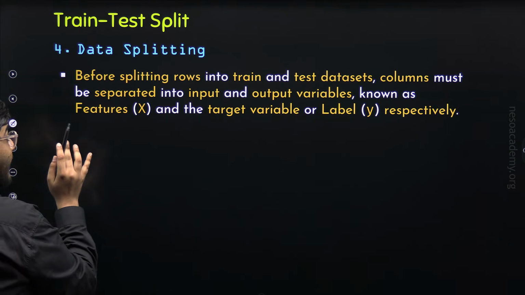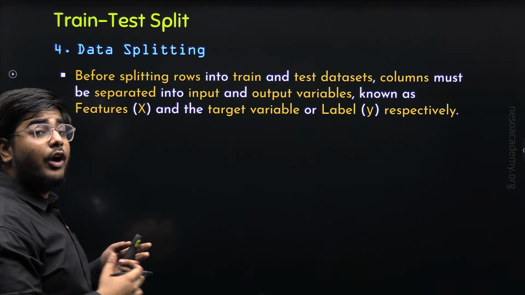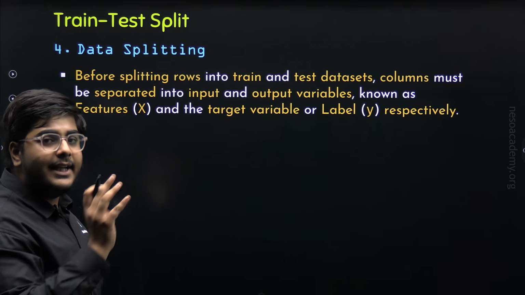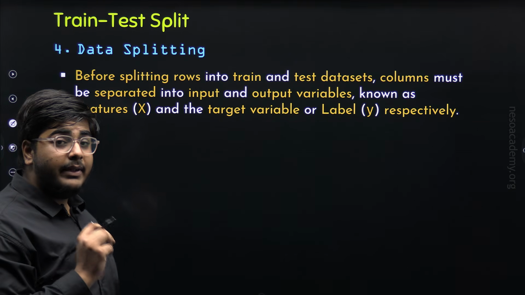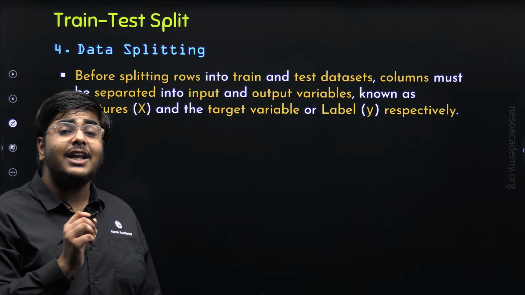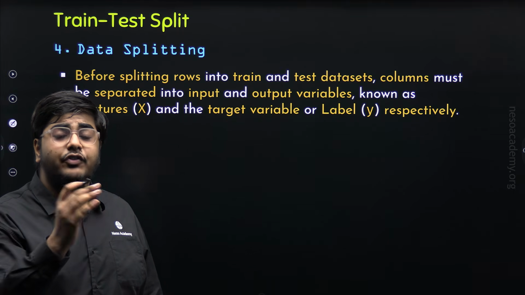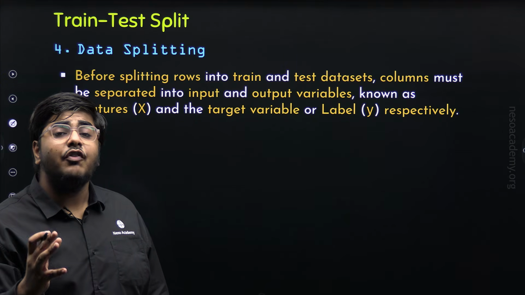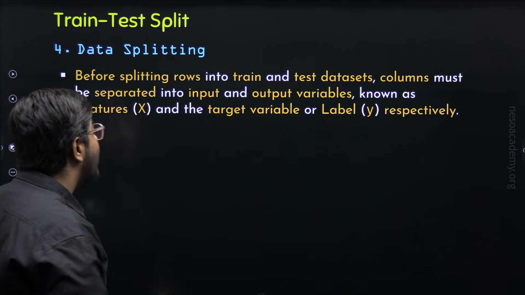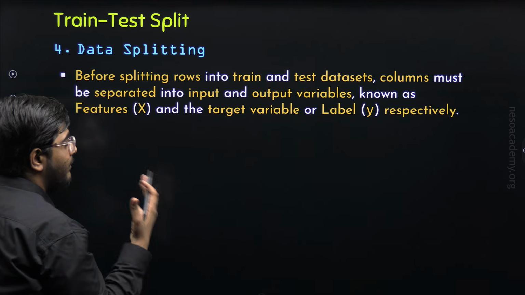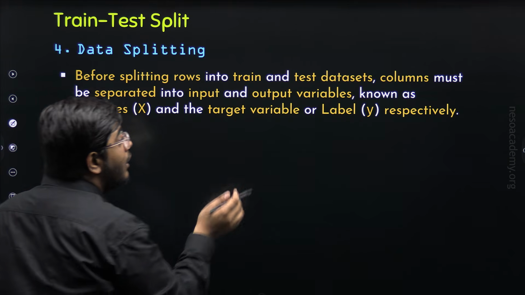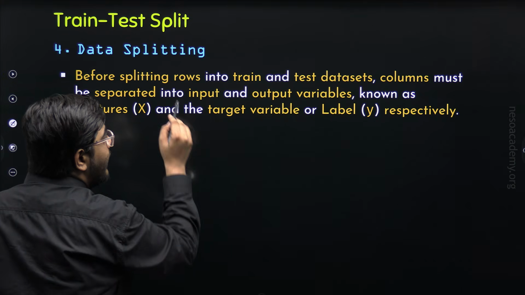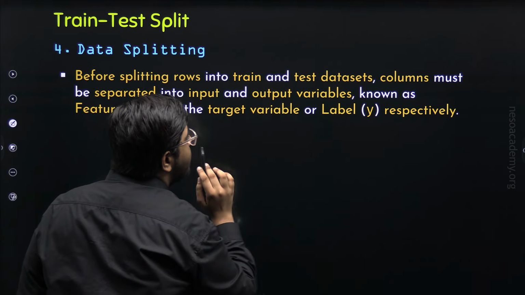So, in data splitting, we actually split or divide the total number of rows into two parts, training dataset and testing dataset. That means 80% of the total available rows will be the part of training dataset and 20% of the total available rows will be the part of testing dataset. But before splitting of rows, that means before data splitting, we first need to separate columns into two parts, input variables and output variables.